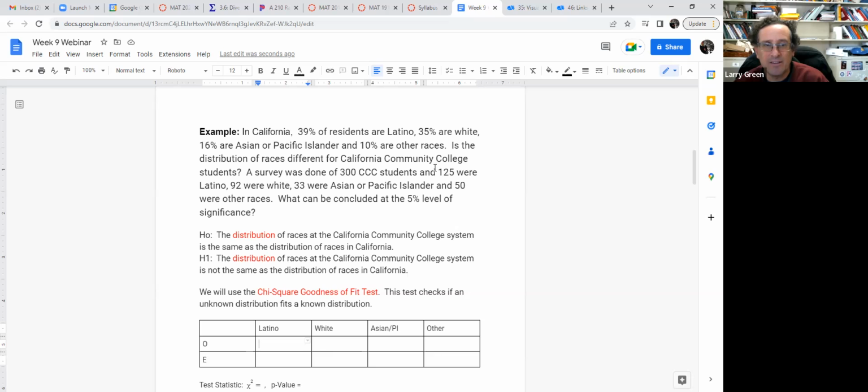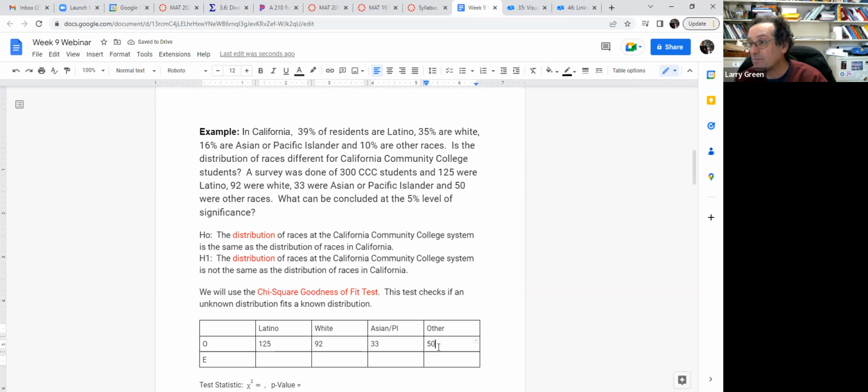For the Latinas, there were 125, so I'm going to type in 125. For the whites, there were 92, so I'm going to type in 92. For the Asian Pacific Islanders, there were 33 of them, so I'm going to type in 33. And for the others, there were 50 of them, so let's type in 50.